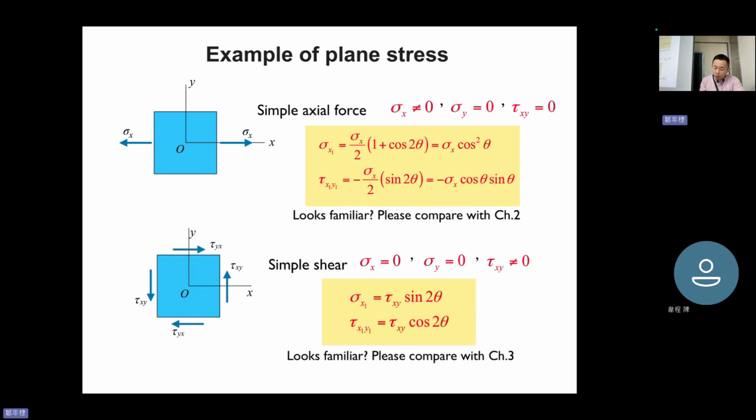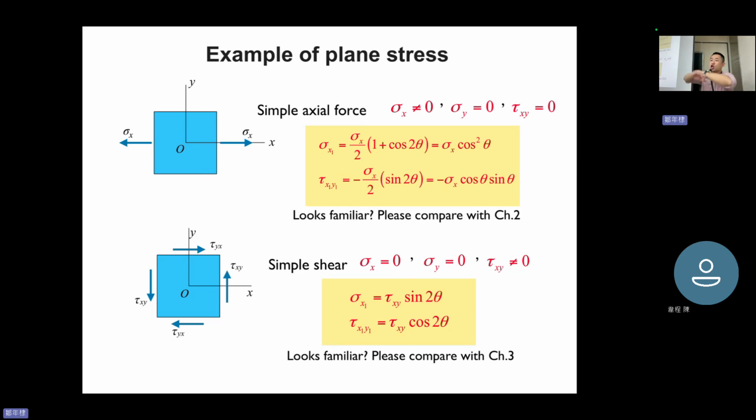Or if you have pure shear, no normal stress, you will have sigma x1 equal to this, tau x1y1 equal to that. Actually equal to what you've seen in chapter 3. So basically, what I told you here is not new. They are an extension of chapter 2 and chapter 3.